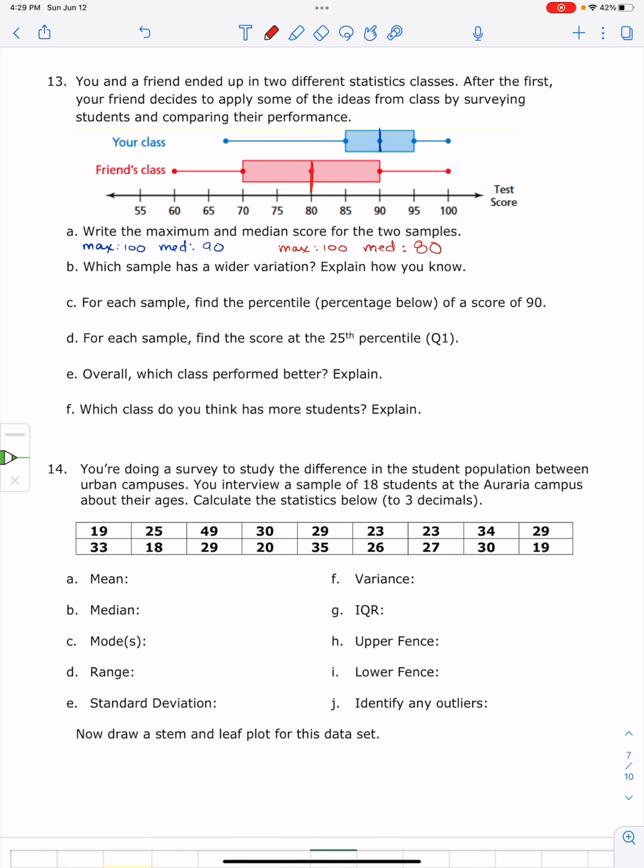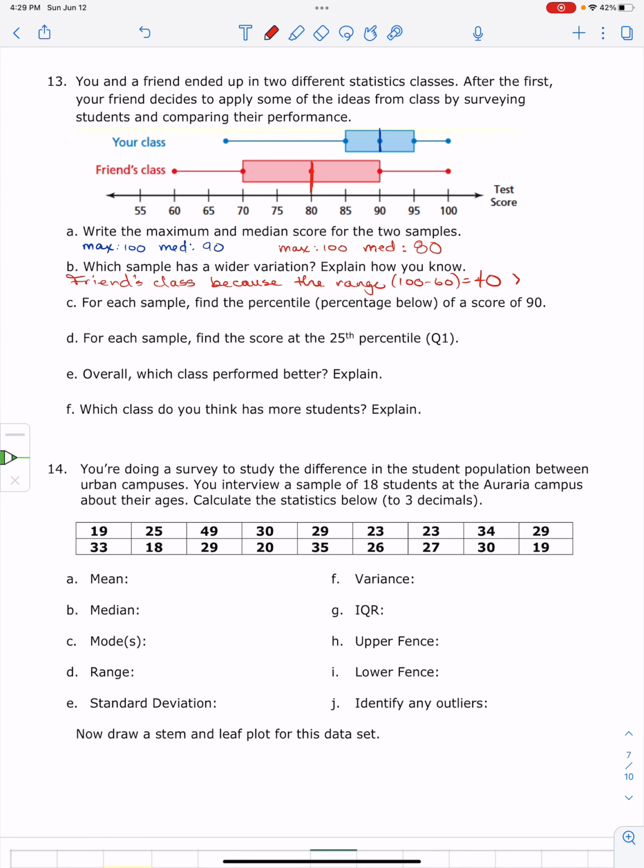Which sample has a wider variation? That would be your friend's class. Because the range, which is largest value minus smallest value, equals 40.